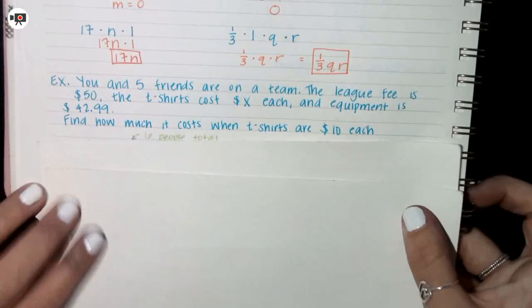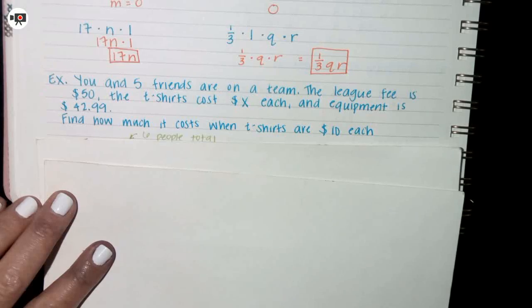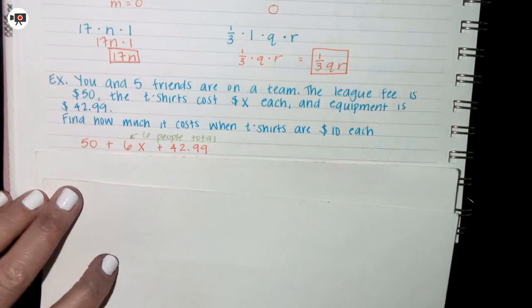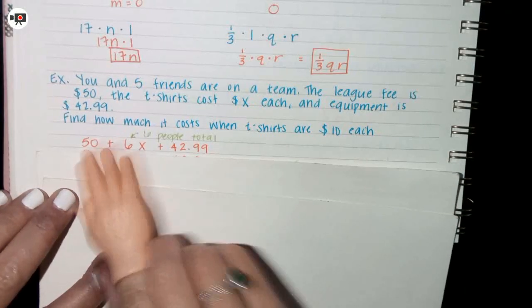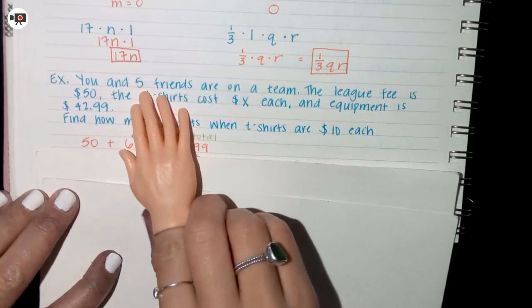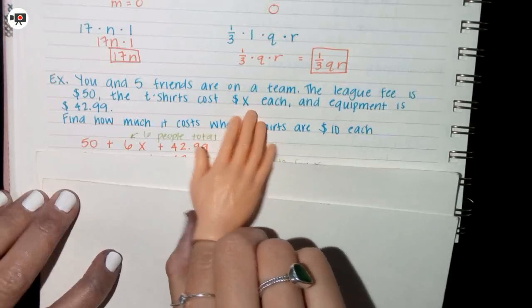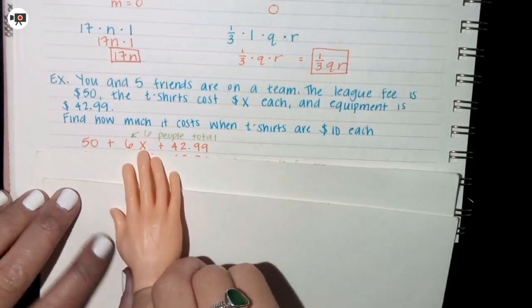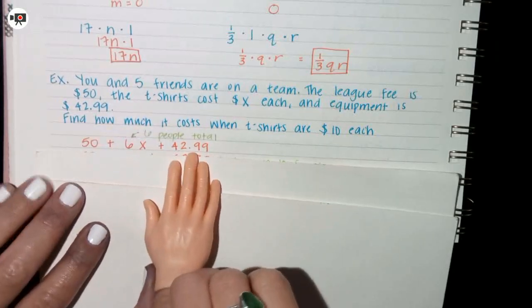Let's say you and your friends are on a team. The team league fee is $50 and the t-shirts cost X dollars each and the equipment is $42.99. Find how much it costs when the t-shirts are $10 each. So if I have $50 to join the league, I have me and 5 friends, so that's 6 people total, and the cost of each t-shirt, so I need 6 t-shirts, each at X dollars, and the equipment is $42.99, so I'm going to add that on.